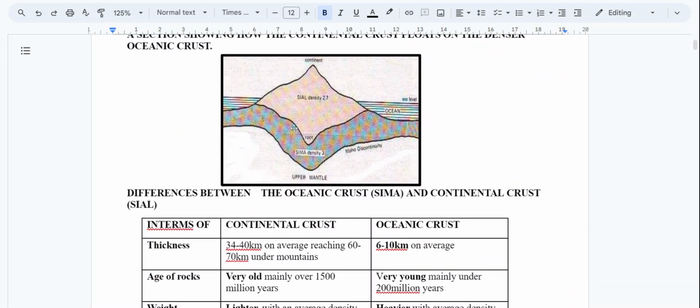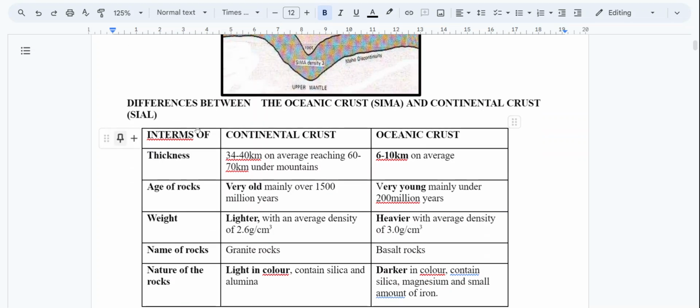In this diagram, this is the continent and this is the oceanic part, so the continent is sitting on the oceanic part. What are the differences between oceanic crust and continental crust? In terms of thickness, continental crust is much thicker as compared to oceanic crust.